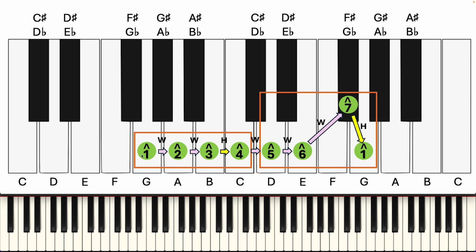I will start it here from the G4, whole, whole, half, and then whole in between, whole, whole, half. And that's the G major scale. But what did we notice here? We noticed that, of course, this tetrachord, we know it, is all the white keys, but then the interesting thing happens in the second tetrachord.